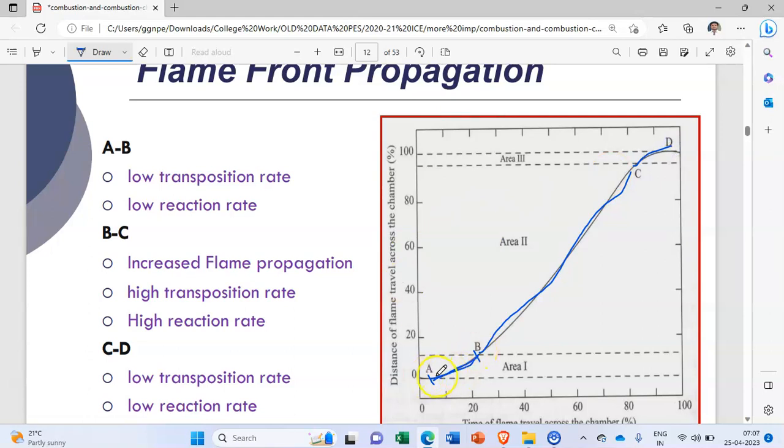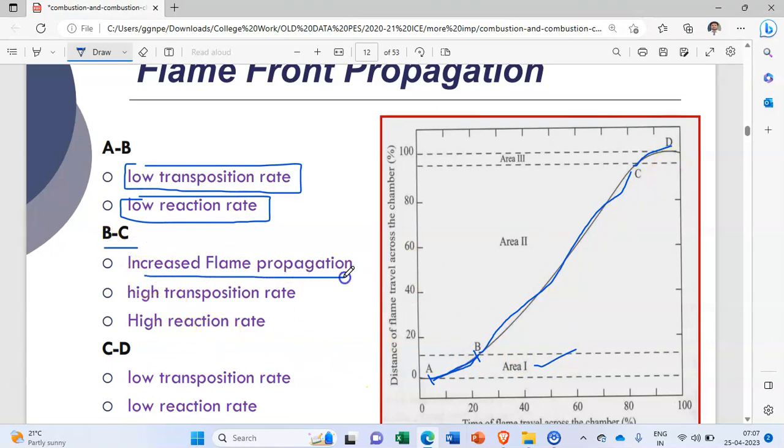So in this A to B process, what is happening? There is a low transposition rate and a low reaction rate. This is area 1. In the B to C process, flame propagation increases and the velocity of the flame front increases.